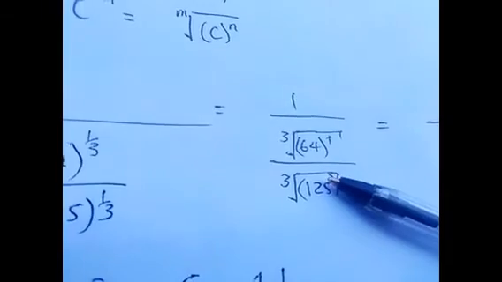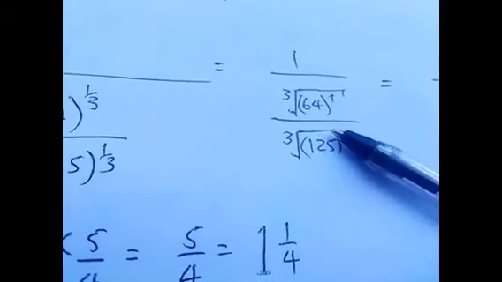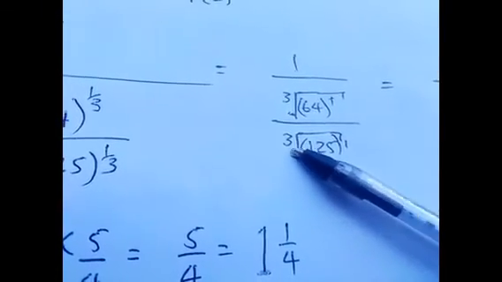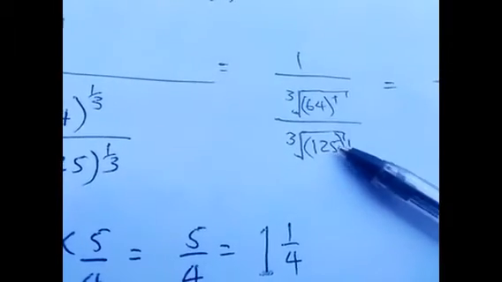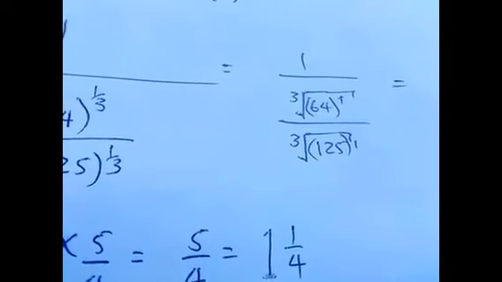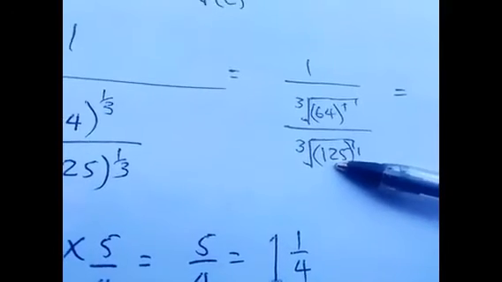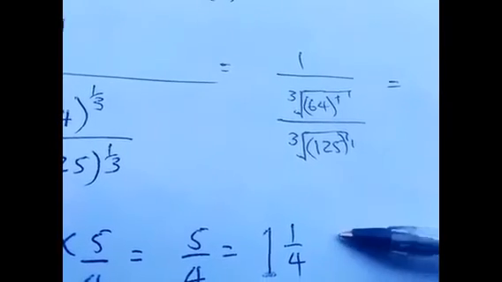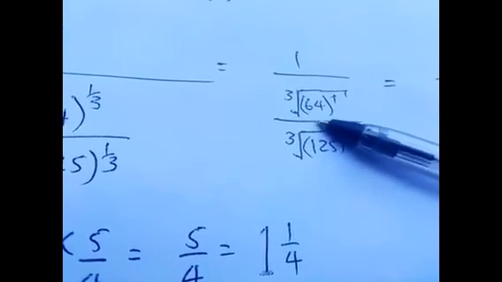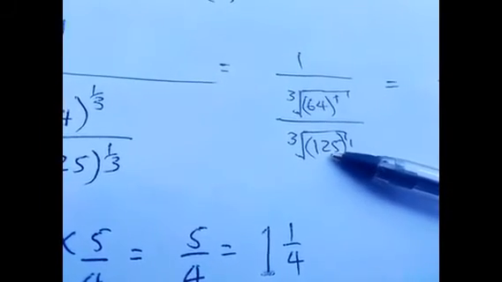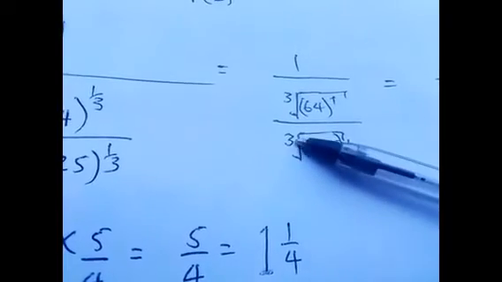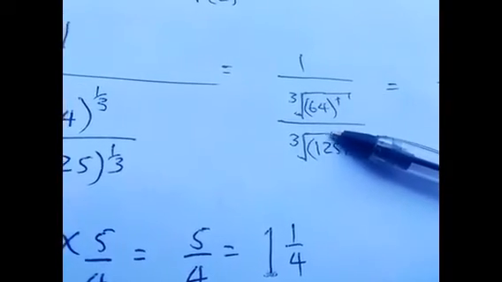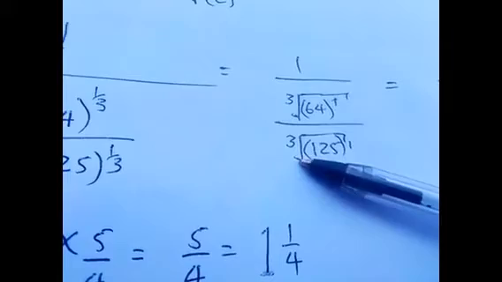Same applies here. We look for the number which we can multiply 3 times to give us 125. Same number repeatedly. So that will be 5. 5 multiplied by 5 is 25. 25 multiplied by 5 is 125. So meaning the cube root of 125 is what? 5. Meaning we've removed this thing, the cube root.